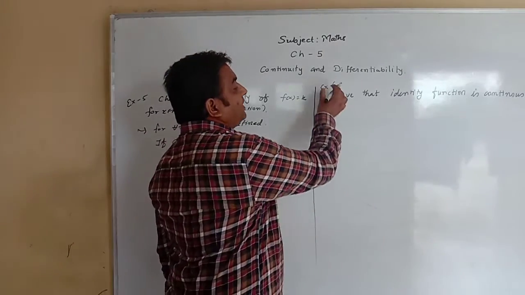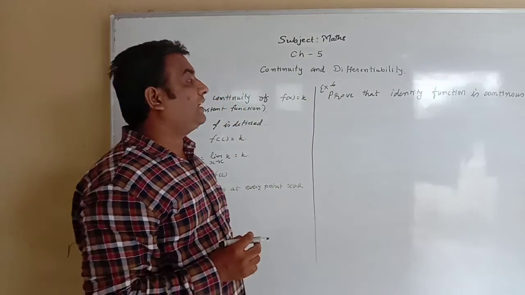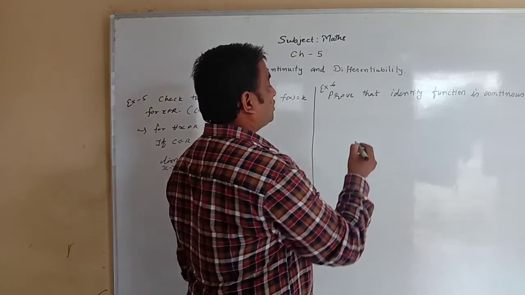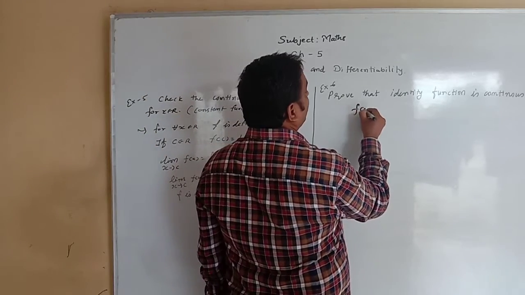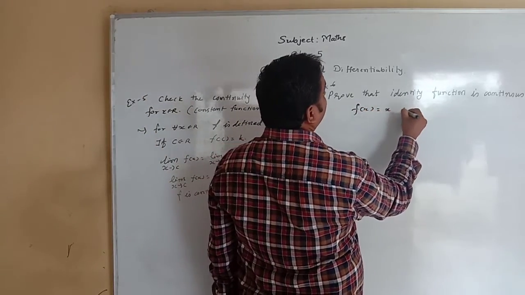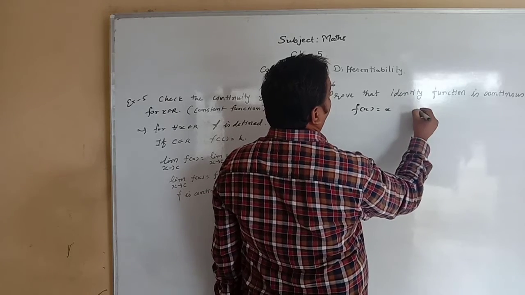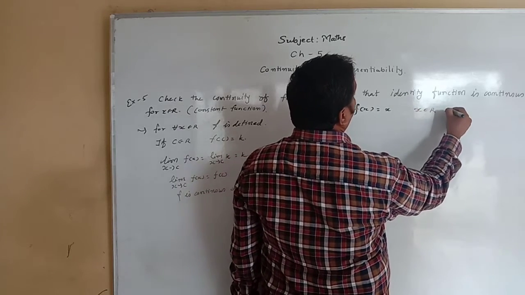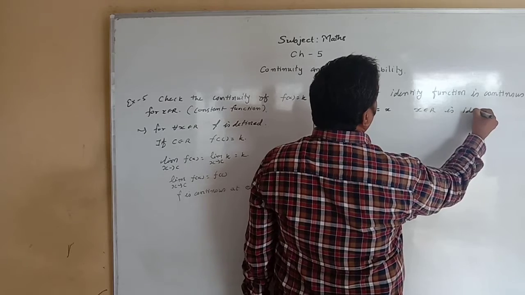Now example 6, we have to prove that the identity function is a continuous function. So we know that f(x) equals x, where x belongs to R, is the identity function.